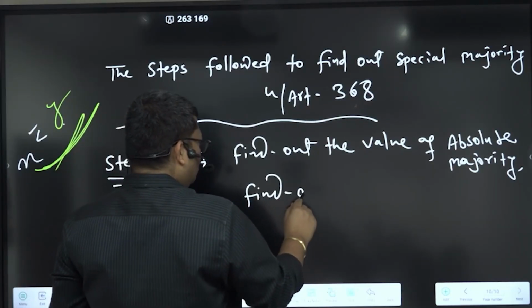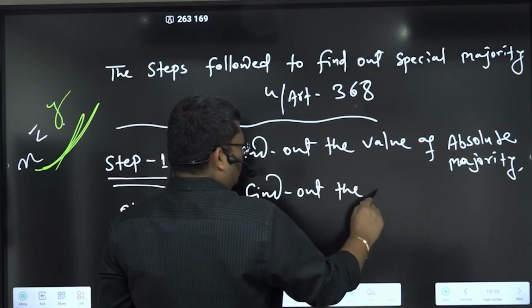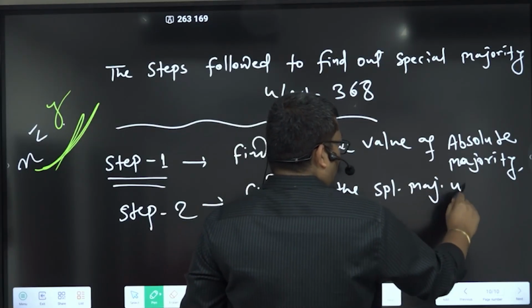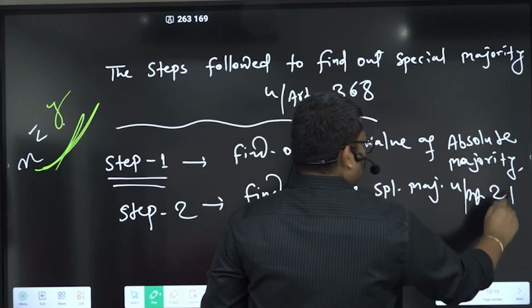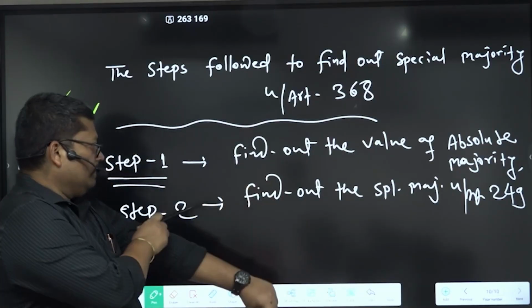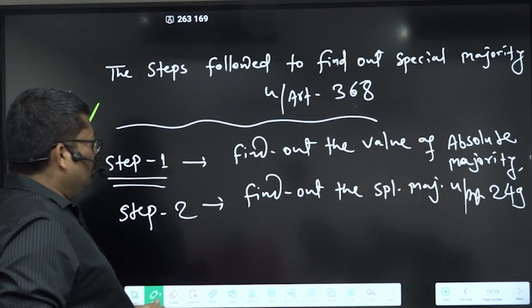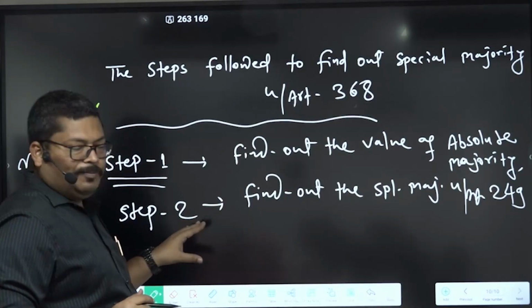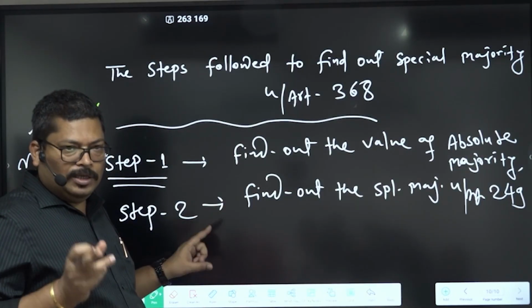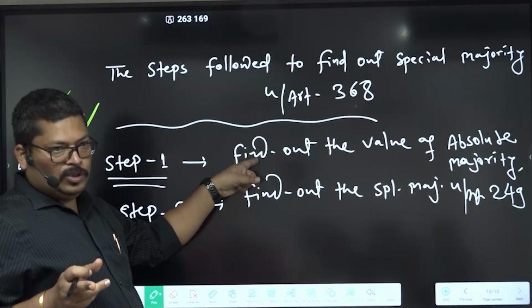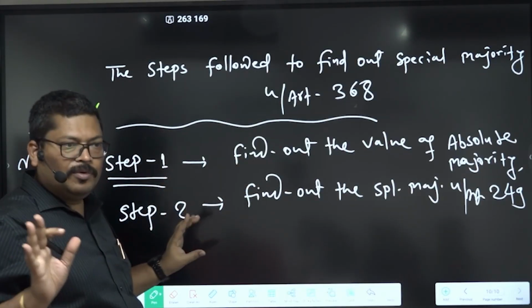Yes, find out the special majority under Article 368. And then the figure obtained through step 2 shall be either equal to or greater than the figure which was found out under step 1.